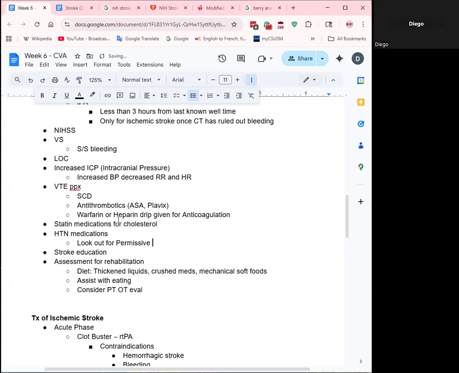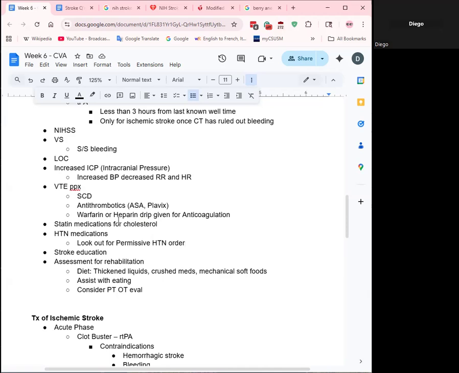Somebody that has permissive hypertension basically has an order saying that they want their blood pressure to be maintained within a certain range. It might be between 150 to 170, for example. So they want to be at a higher blood pressure.